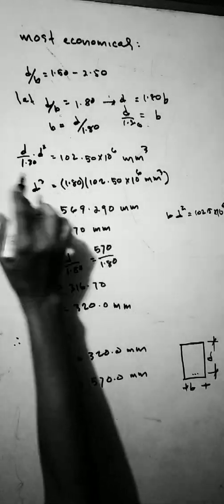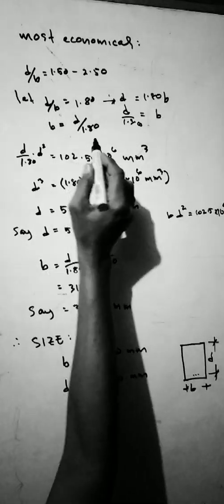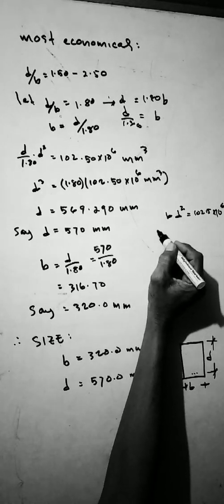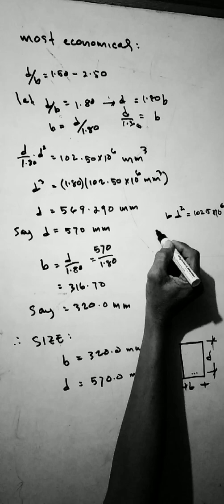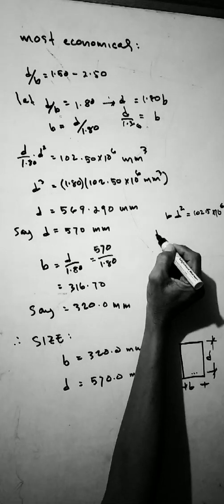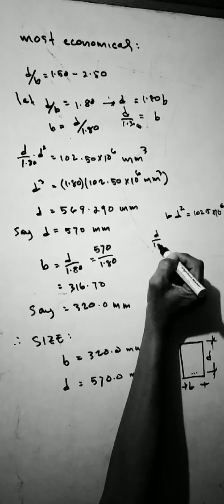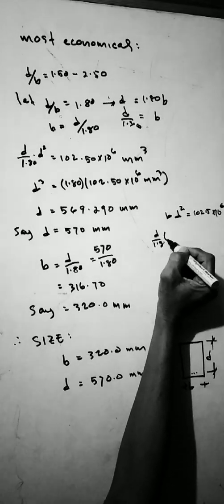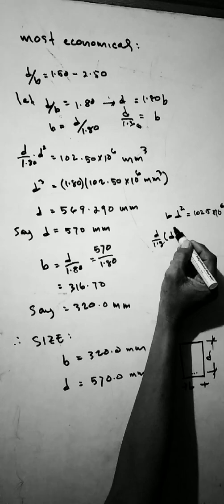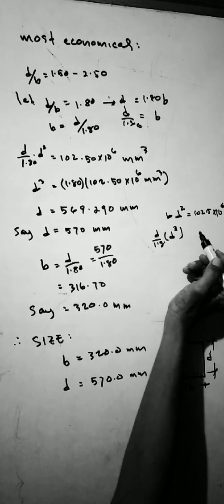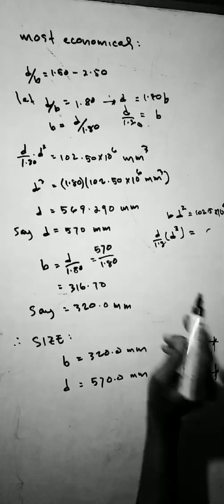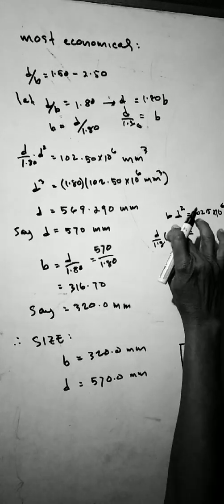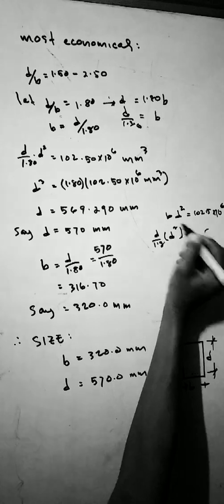When you substitute that, meaning b is d over 1.8, times d squared, like that.